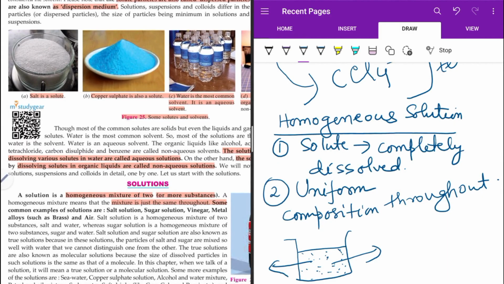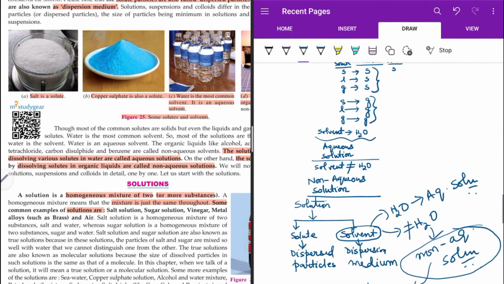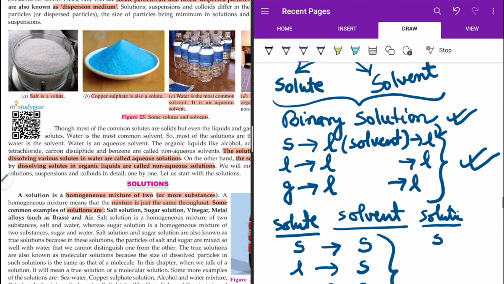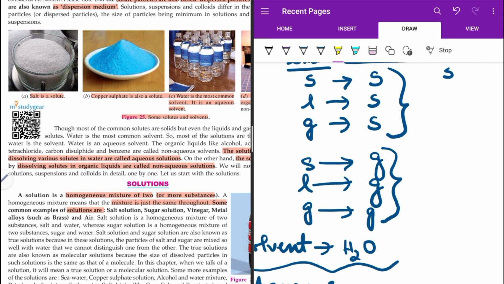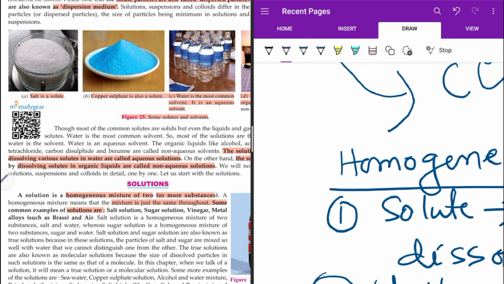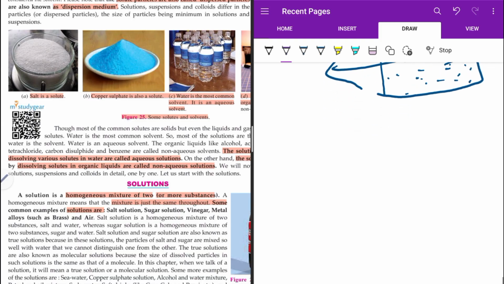Now, types of solution. If I take liquid as the solvent, then it can be solid in liquid, liquid in liquid, or gas in liquid. Let us see that in this part.